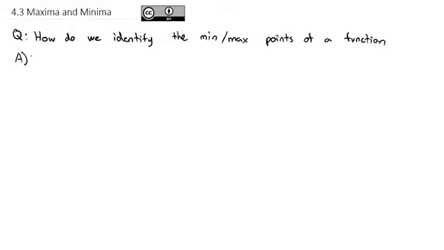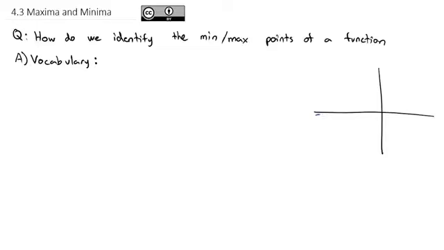To set this up, there's a little bit of vocabulary that we need to be familiar with as we work with this concept. And to help us visualize the vocabulary, I'm going to put a function here.